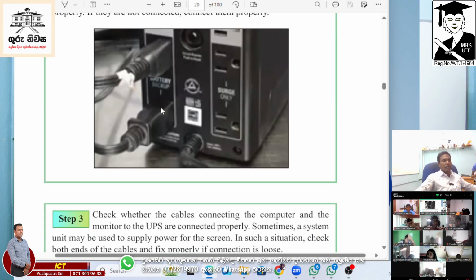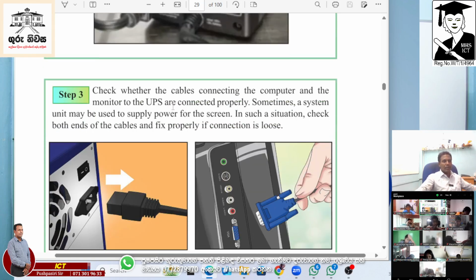Right, second point, what can we do? Check whether the cable is connected properly to the computer.